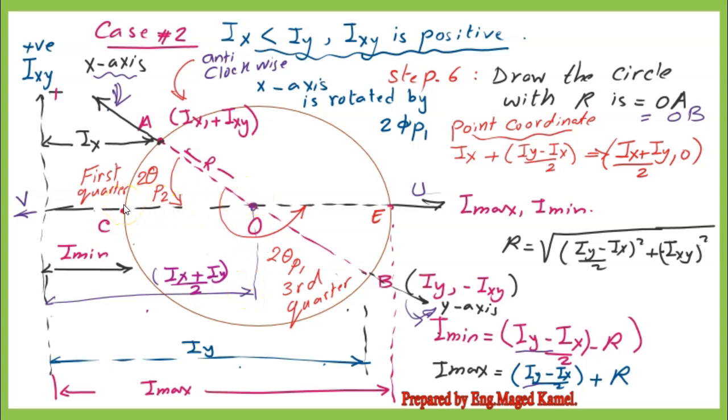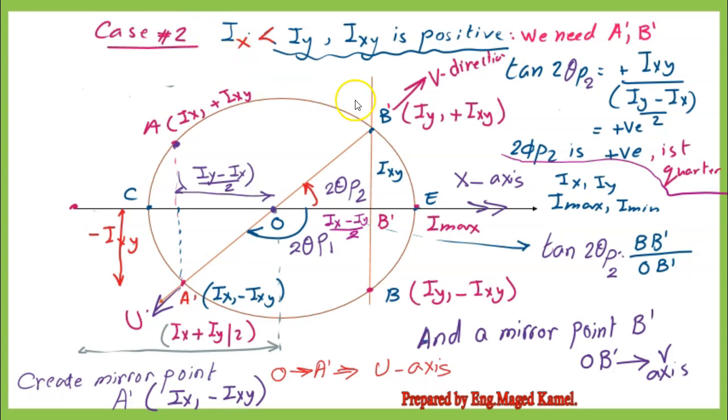We can find that the line OA represents the x-axis in Mohr's circle, while axis OB is the y-axis in Mohr's circle. In the next slide, we create a mirror point A dash with a coordinate of Ix, minus Ixy, and also create another mirror point B dash with a coordinate of Iy, plus Ixy. Why do we need points A dash and B dash?